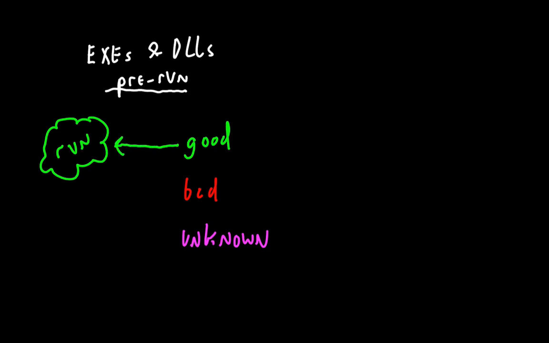And if your executable is determined to be bad, it's not going to be allowed to run, and there's going to be an alert that's raised. Those outcomes make sense, right? Well, what happens in the case of unknown? And again, that is dependent on the configuration of the product.